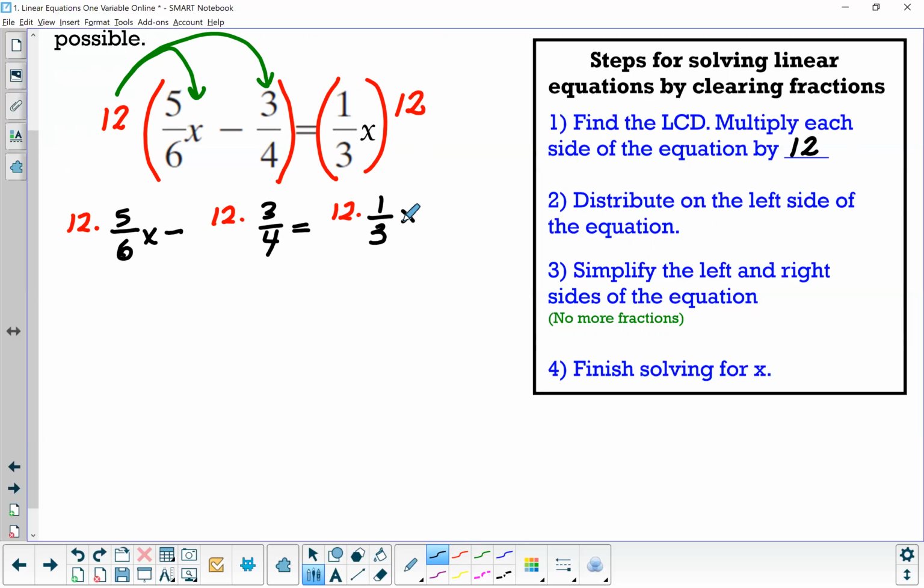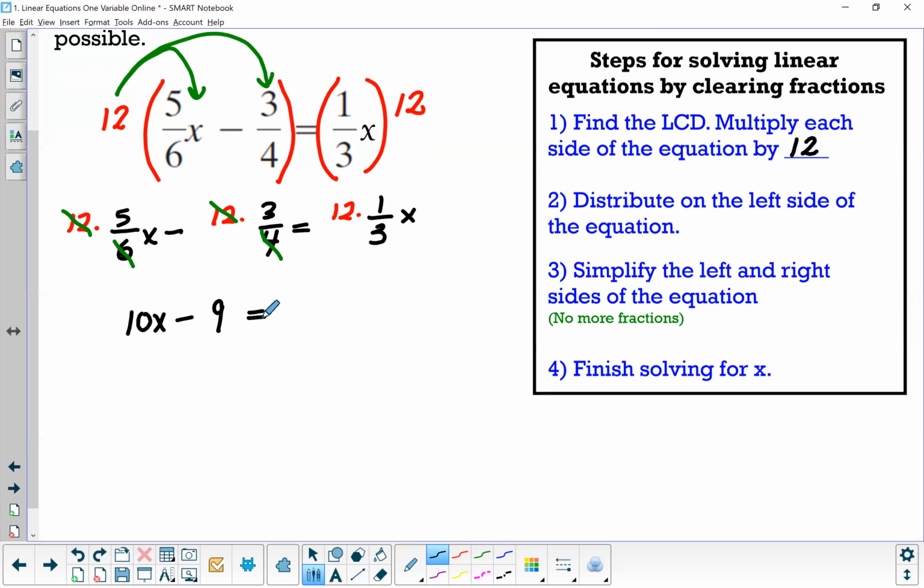Okay, now simplify each term. So the 12 times the 5/6, do the division first. 12 divided by 6 gives me 2, and then 2 times the 5 gives me 10x. Minus 12 times the 3/4. Do the division first. 12 divided by 4 gives me 3, and 3 times the 3 gives me 9.